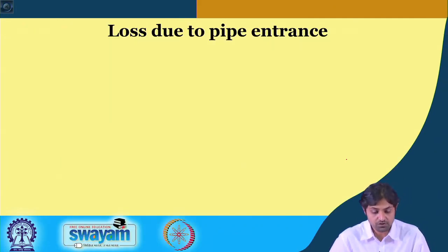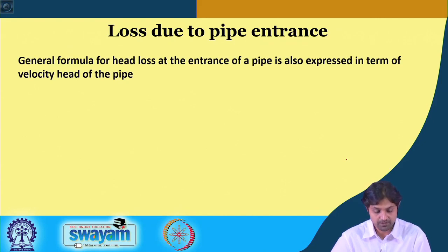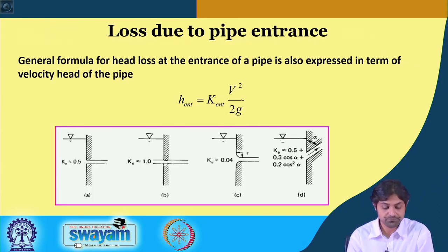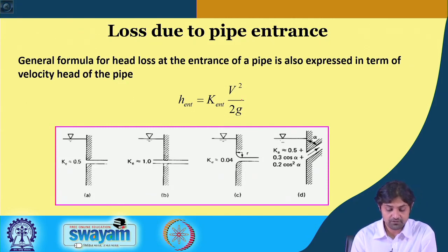Now, loss due to pipe entrance. The general formula for head loss at the entrance of the pipe is also expressed in terms of velocity head. If there is a pipe entrance, the loss will be V square by 2G into K entrance. For different configurations, this is the most common one that you will encounter.